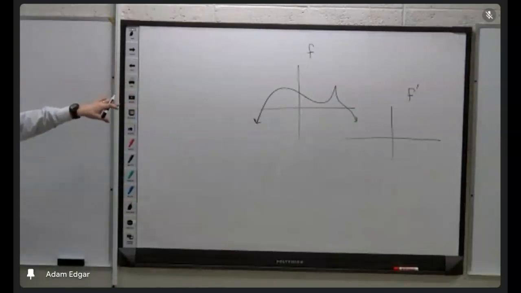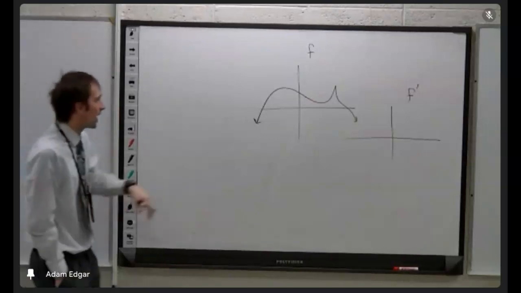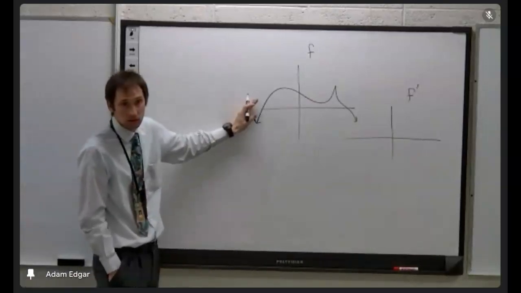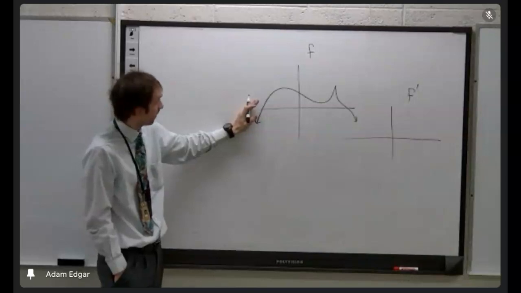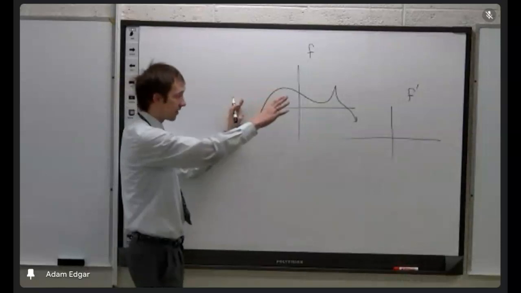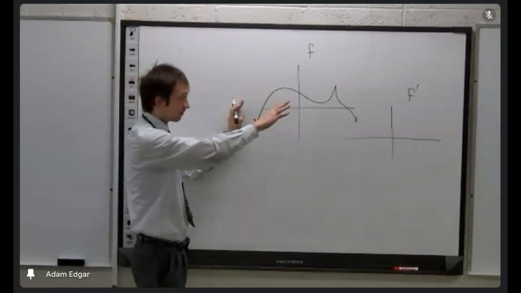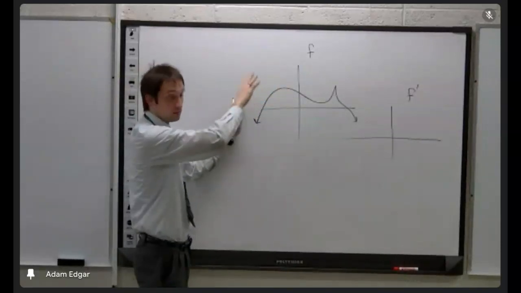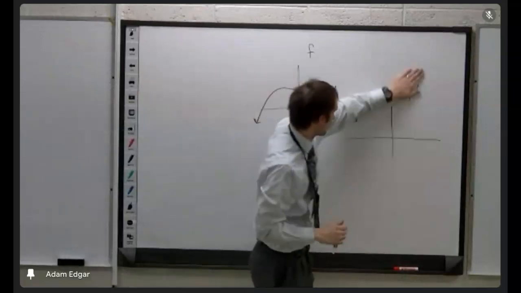All right. So here's F, sketch F prime. Way out on the left, what's the slope of F? Positive or negative? Positive. It's going up. So F prime is going to be positive. And let's relocate this graph.